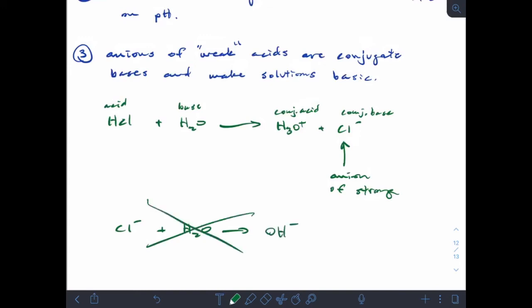And this does not happen because it only comes apart. We would have to have some sort of backward reaction with the chlorine and the water in order to produce hydroxide, and that's not going to happen because the strong acid only comes apart. So the anion of a strong acid has no effect on pH.